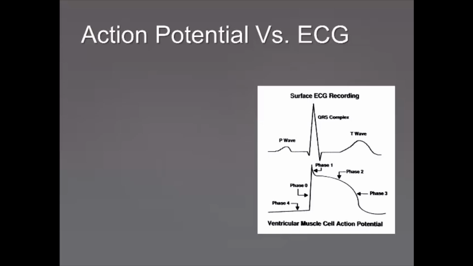Just some basic things to go over again, to remind you about the action potential and what we're looking at. We have a resting membrane potential within the cell that is negative. When the membrane depolarizes, inside the cell we become more positive.